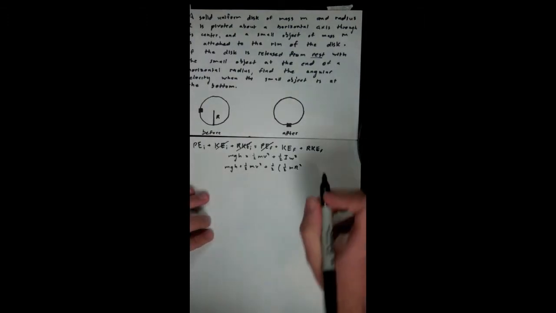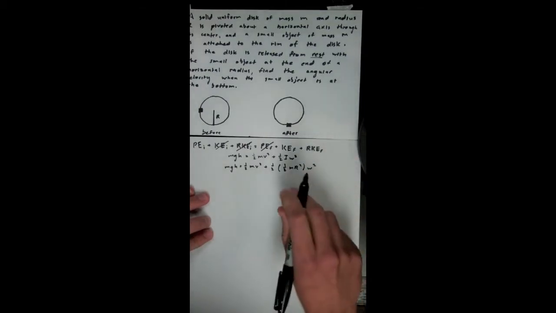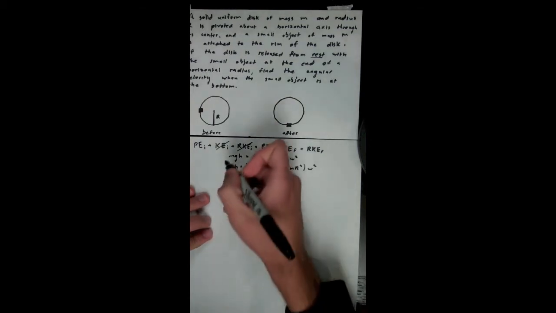That's important in a future step, so keep that in mind. 1/2 mr squared times omega squared. We really just substituted I into this part, and now we can start canceling out the m because we can divide both sides by m.